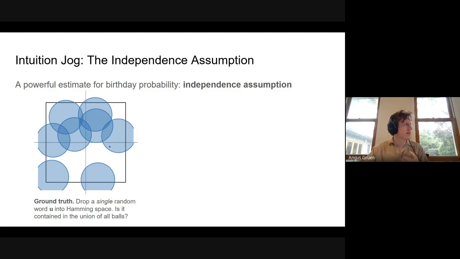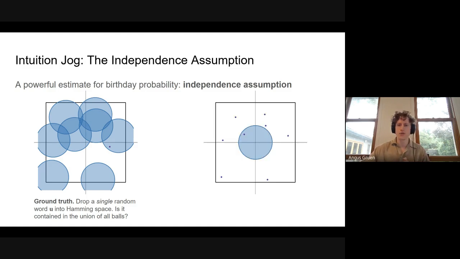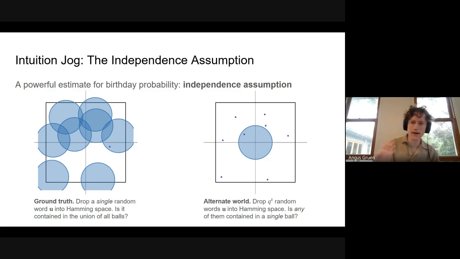And we can restate this in a slightly bizarre way: what if instead we drop lots of different random words in, but only ask about a single ball? How do these two probabilities relate?